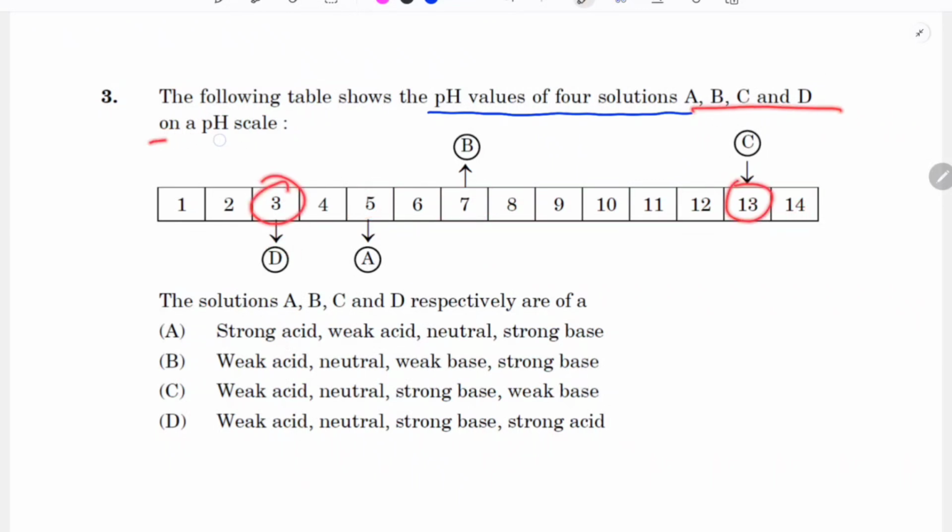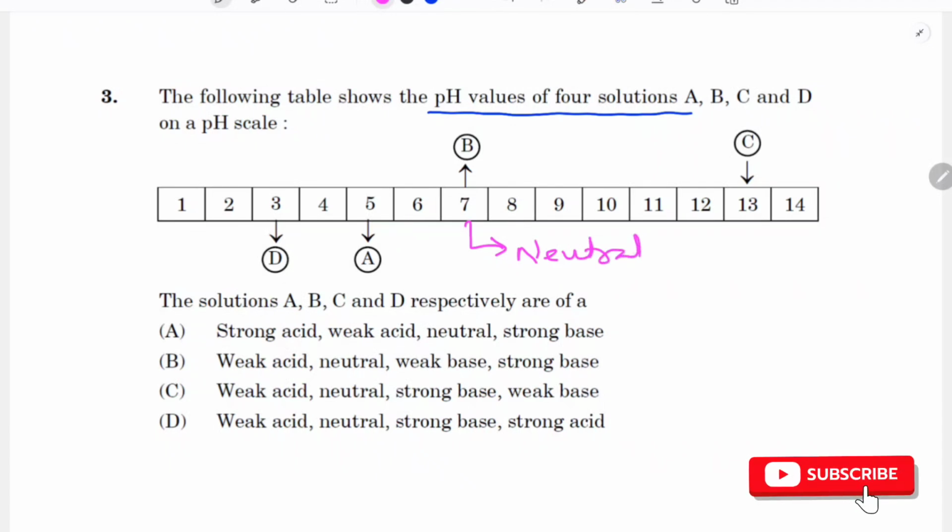So we have to find what A, B, C, D are on the pH scale: strong acid, weak acid, neutral or strong base, whatever. One thing we know here, 7 is neutral. In the pH scale, what is 7? This is neutral. So B will be neutral.